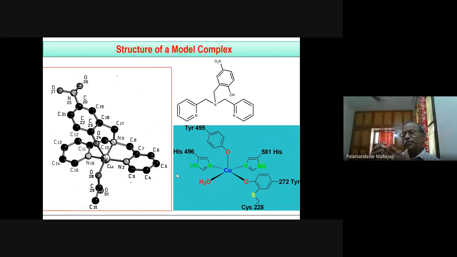The properties that we obtained compared very well with the spectral properties of the enzymes. So we published a number of papers on this in 1998, 92, and also later in 2000. We were very successful in making such a model, but we couldn't do further work on this before I got some facilities to do these oxidation reactions.